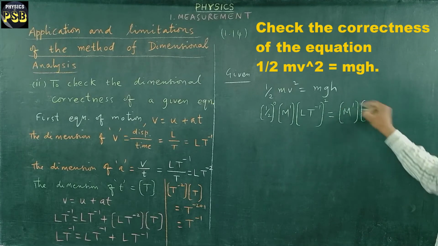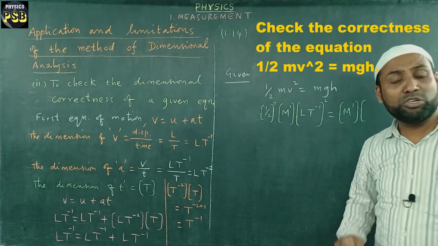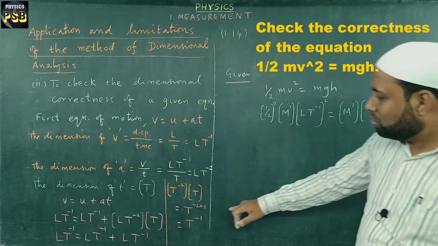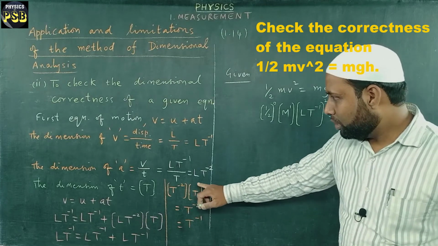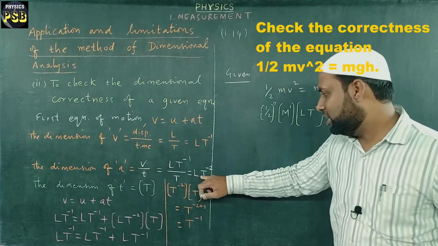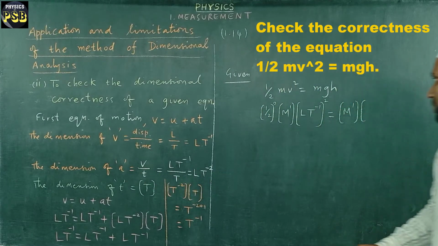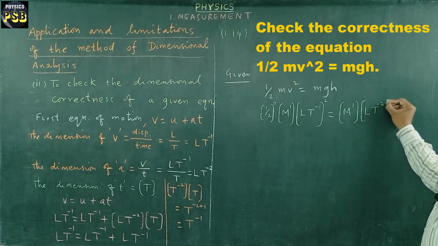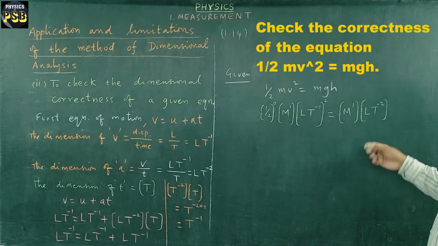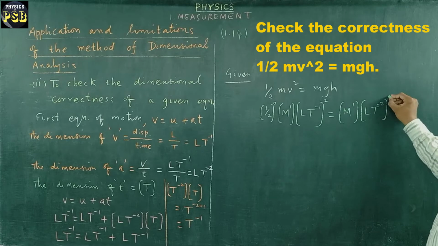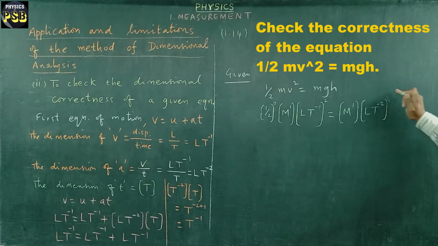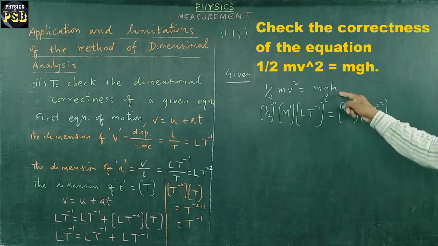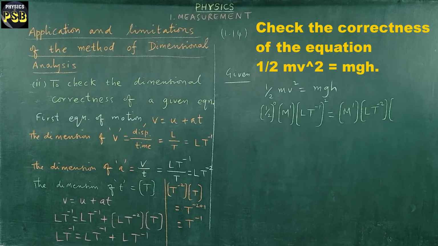Then g. What is g? g is nothing but acceleration due to gravity. Now we know the dimension of acceleration is LT power minus 2. We have obtained the expression for that, so I mentioned here LT power minus 2, power is 1. Then h. h stands for height.